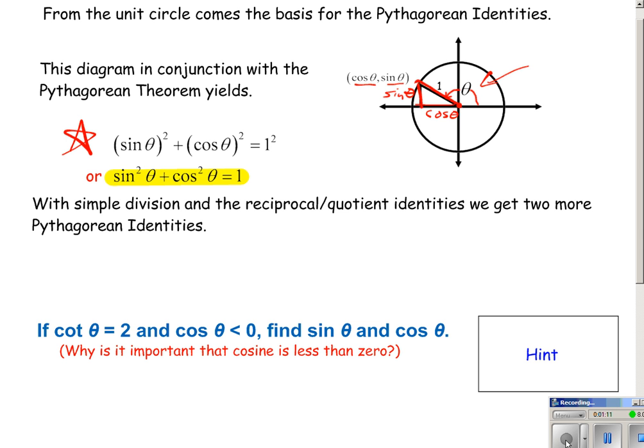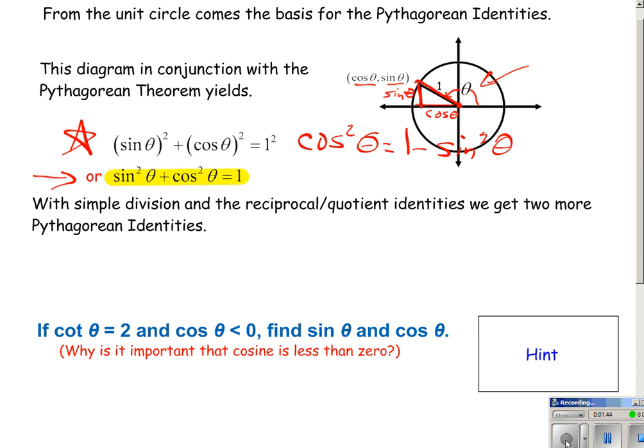So this is a very important trigonometric identity, and we can take that and change its form around a little bit to get some other related identities. First of all, if we just subtract the sine squared, we get that cosine squared of theta is 1 minus sine squared of theta.